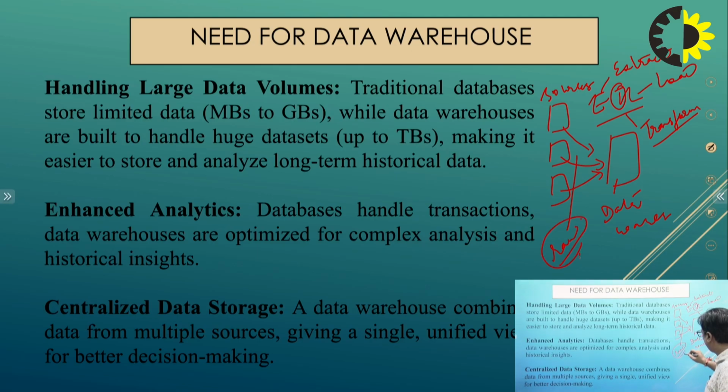So we can perform transformation for cleaning and organizing the data. After cleaning and organizing the data, we can load the data in the data warehouse. So ETL is a very important tool basically used in a data warehouse. And how is data stored in the data warehouse? E means extract, T means transform, and L is load.